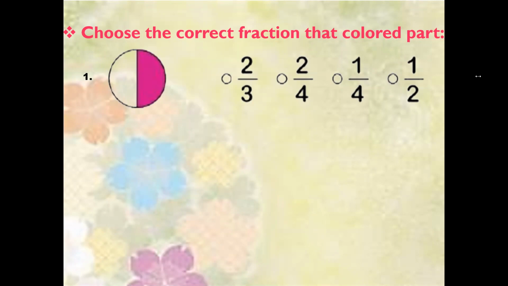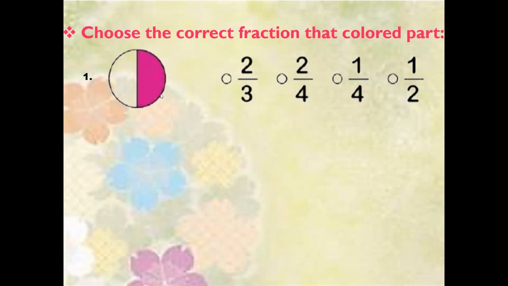Excellent. Arwa, Yasin, Ilyazia. Yes? So it will be 1 over 2. In the upper, we will write the number of the boards that are colored. It's 1 board. And dash, at down, we will write the number of whole boards, colored and not colored.